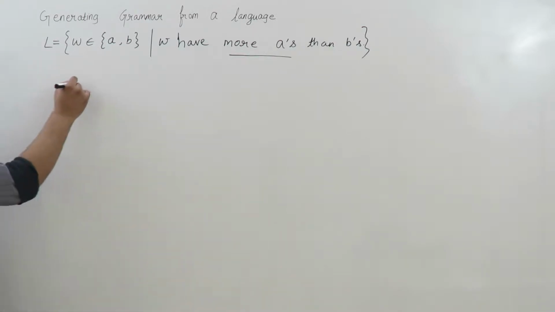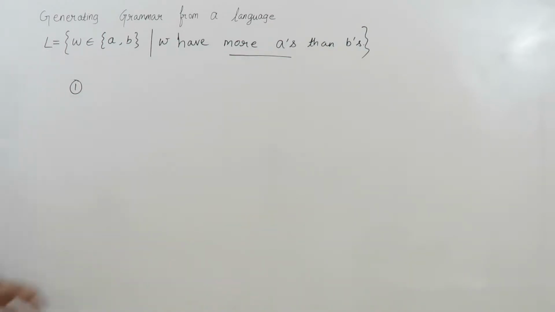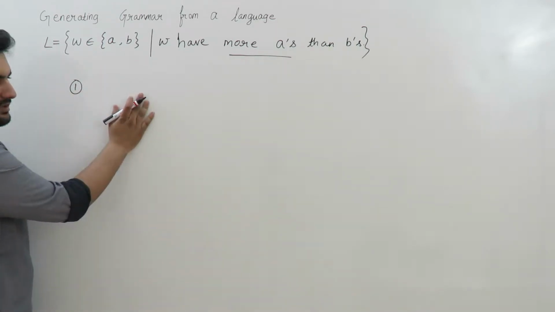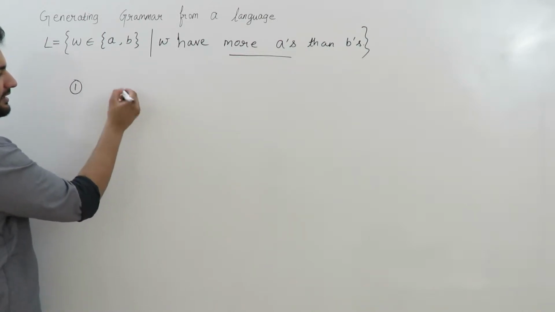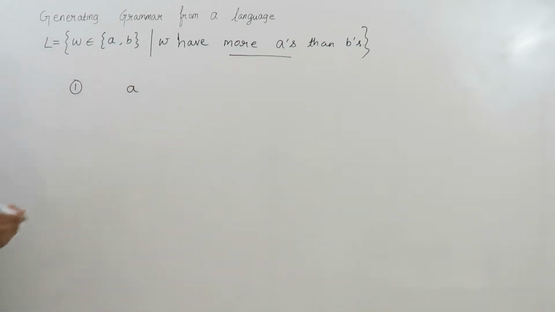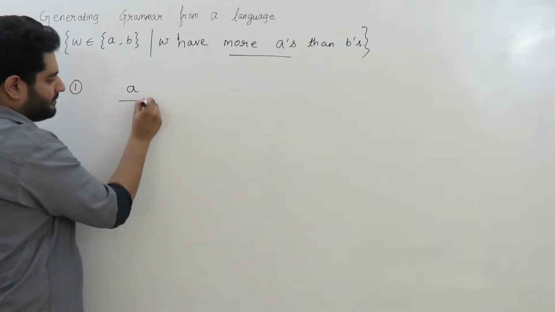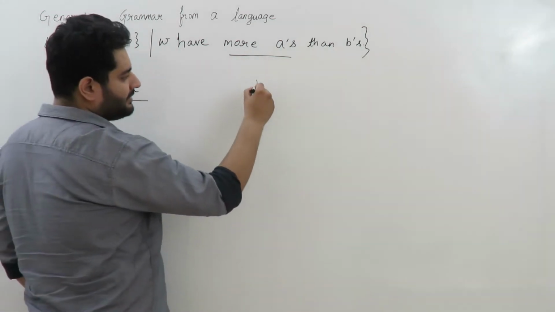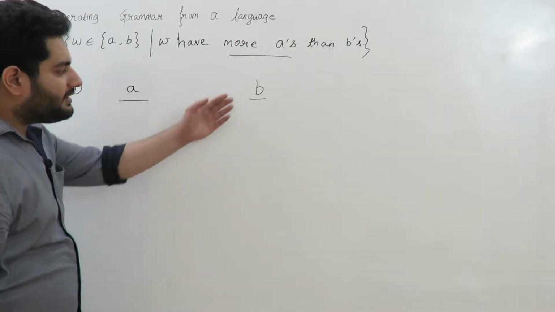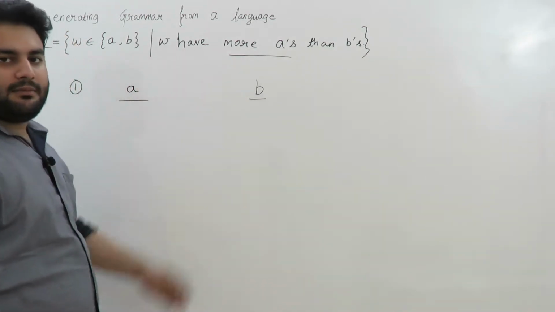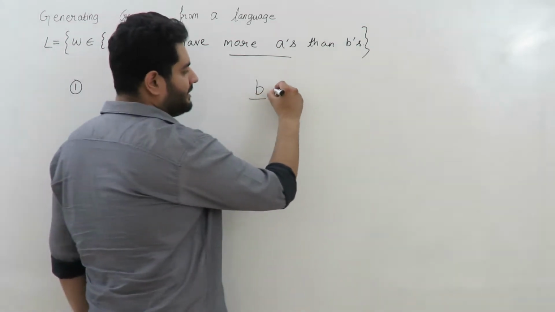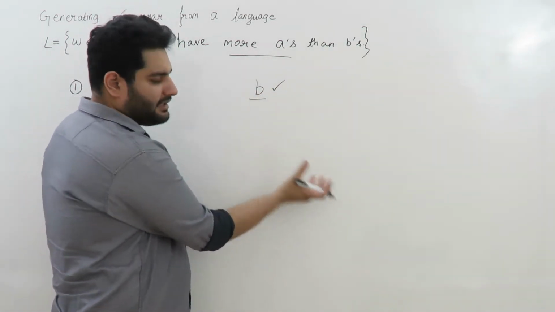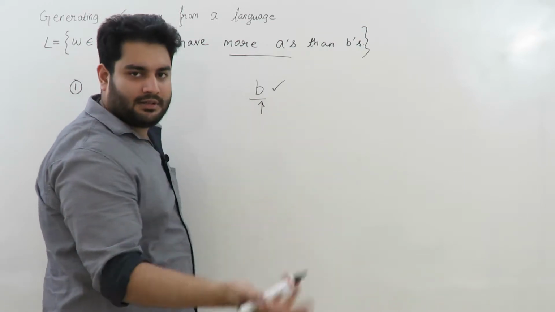The first most important point you have to keep in mind while solving a question like this, in which it is written more A's than B's, is that you have to introduce a production in which the string terminates at A. Terminates at A means we have to make a production that will introduce a terminal A. If you write a production that will introduce a terminal B, it will make your grammar generate a string that has one extra B, because whenever you terminate a string, you use a terminal only.